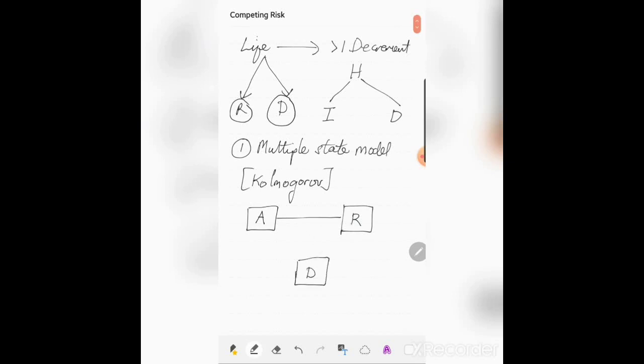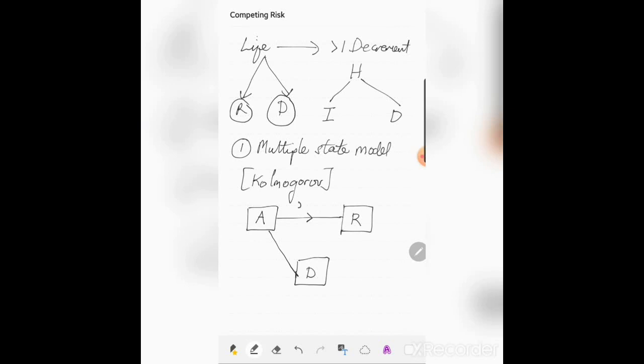The same could be talked about in respect of sickness also. Instead of retired, I can bring in sickness.